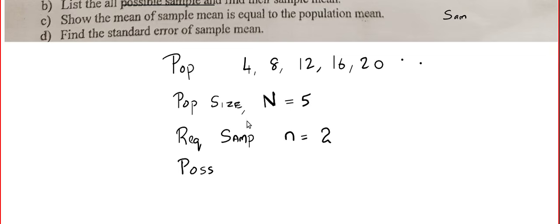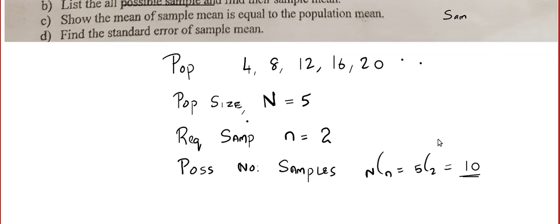So I am going to write the possible number of samples. I am going to use permutation and combination to find it. Before I write the samples, I want to know how many sample possibilities there are. That will be NCn, that is 5C2. I used a calculator and I got 10.